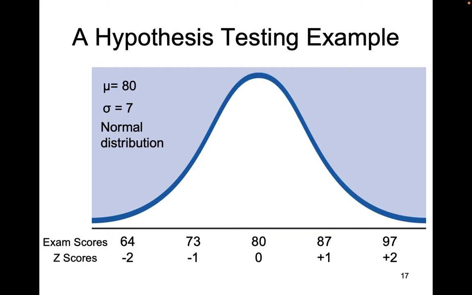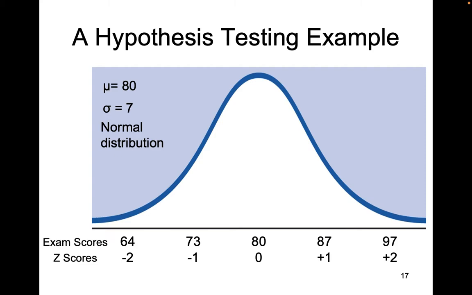or higher. So if the student in our study does in fact score above a 97, we would reject the idea that the training program has no effect. And if we reject the idea that the training program has no effect, we must conclude that the training does work.